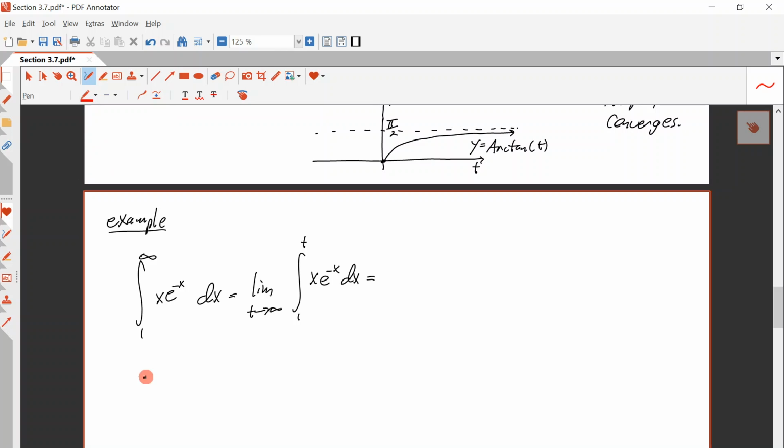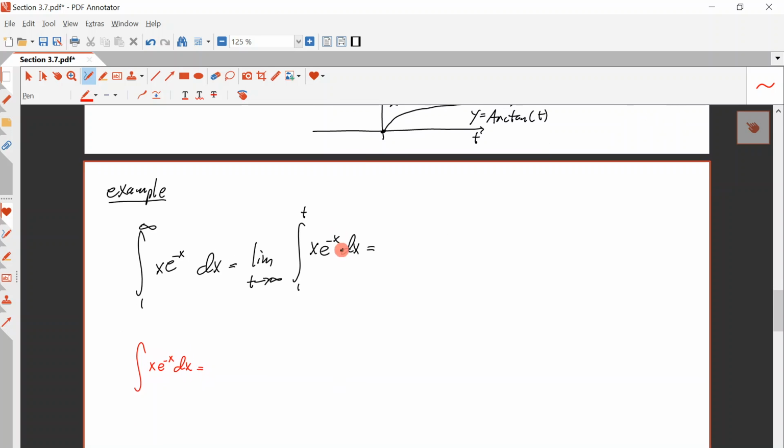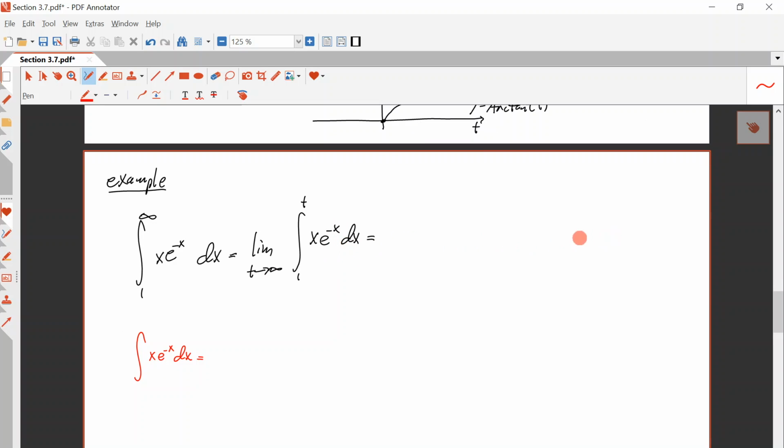So I'm going to do the antiderivative down here, just as a side calculation, so as not to mess up this progression too much. This can often be helpful in doing things this way. So we have a polynomial times an exponential function. So du is dx, and v is the antiderivative of e to the minus x, which is minus e to the minus x.